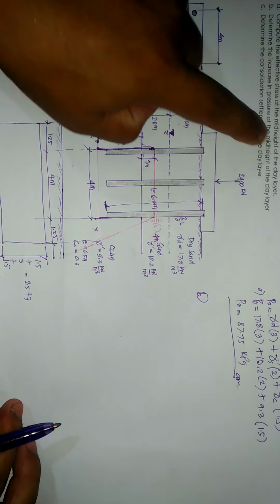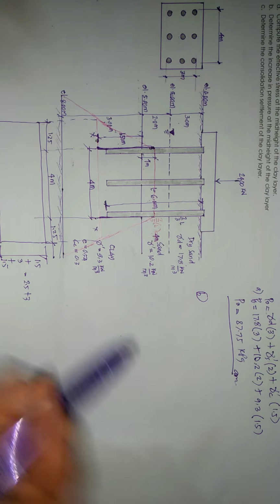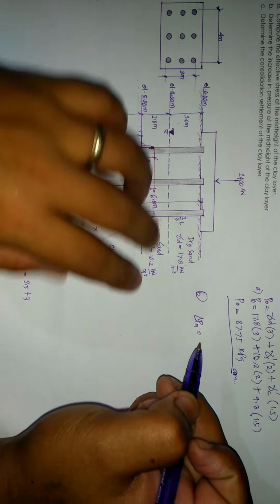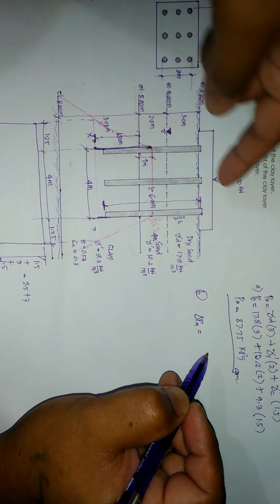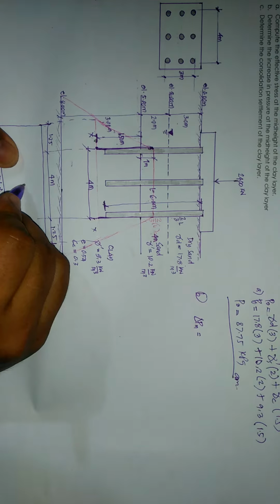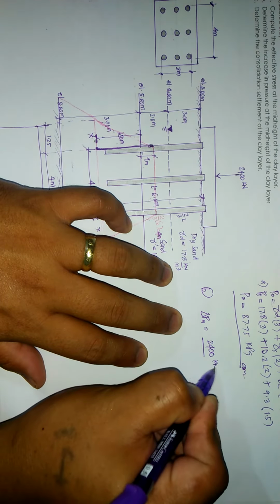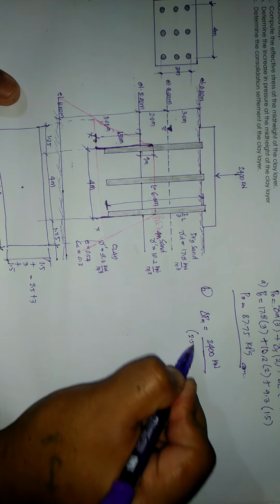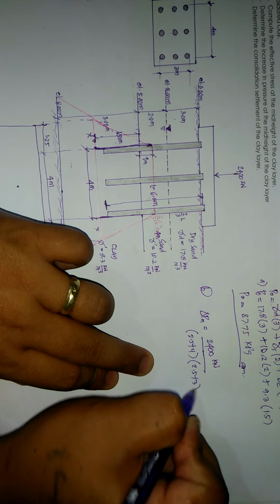Determine the increase in pressure at the mid-height of your layer. At mid-height to, di ba? So, ito yung magiging top view niya. So, delta P at mid-height, it would be itong load mo dito, concentrated load, 2,400 kilonewton divided by your area. Your area is 2.5 plus 4 times 2.5 plus 3.